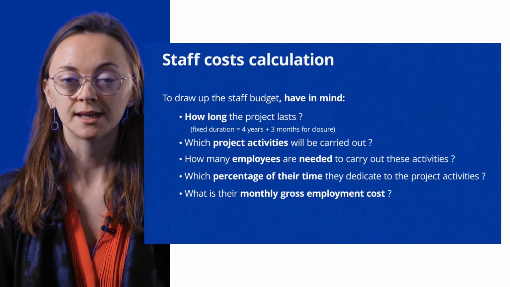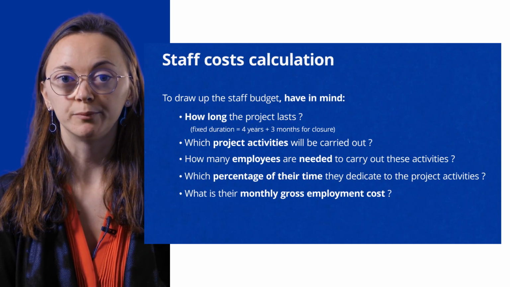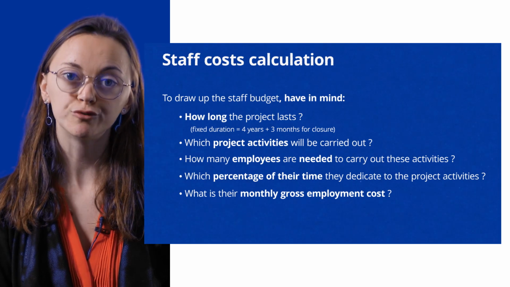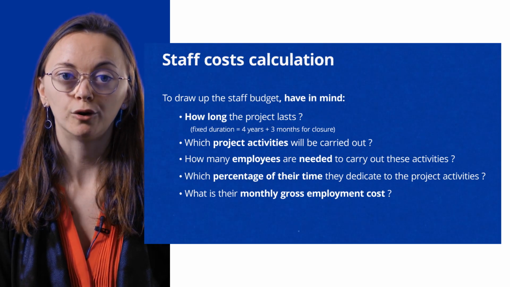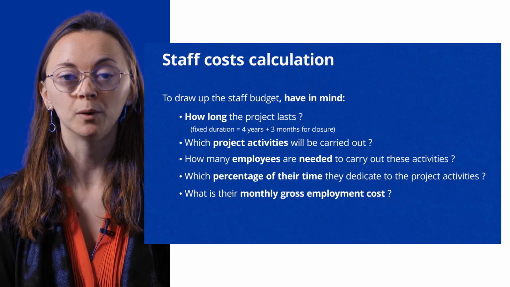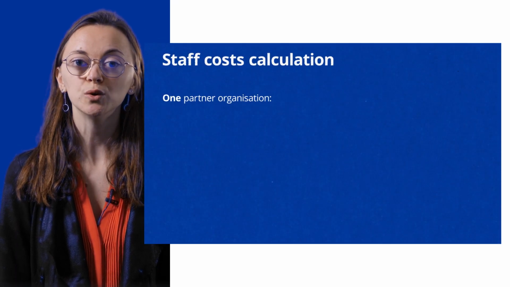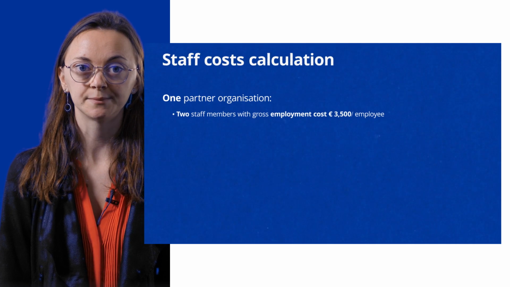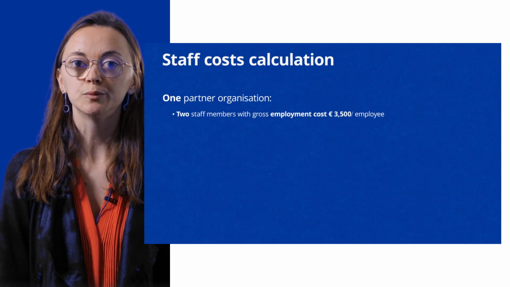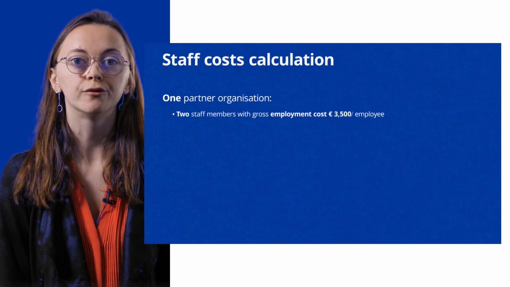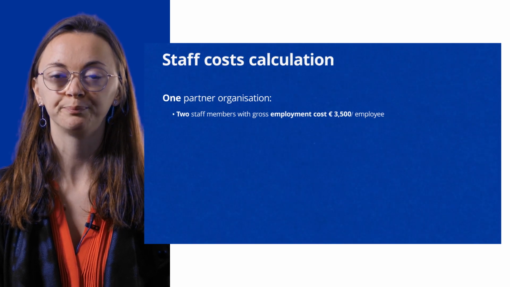So this means that the project employee could either be working at 100% at full time, or it can also be working at part-time, but with a fixed percentage. Let's take an example. So in practice, a partner organization could decide to have 2 employees working on the project. And we'll say that each employee has a gross employment cost of 3,500 euros.